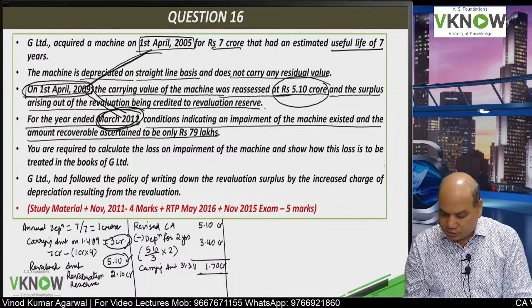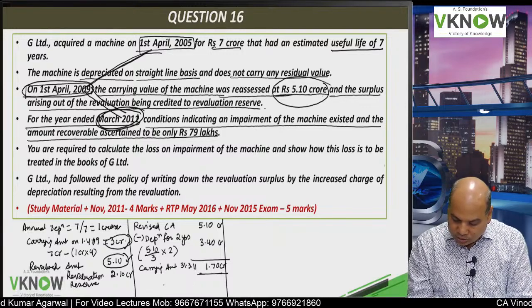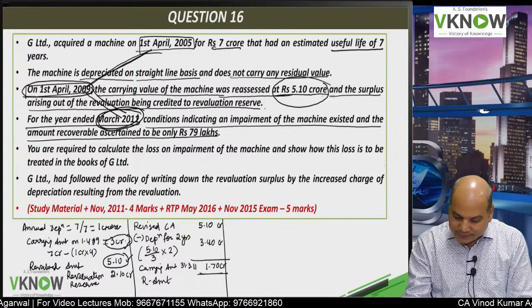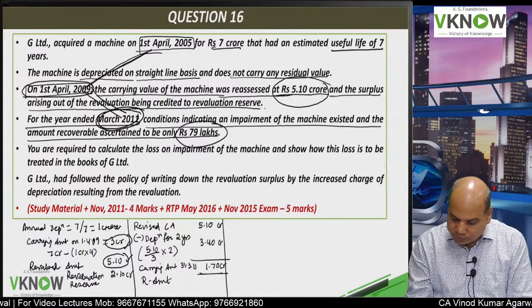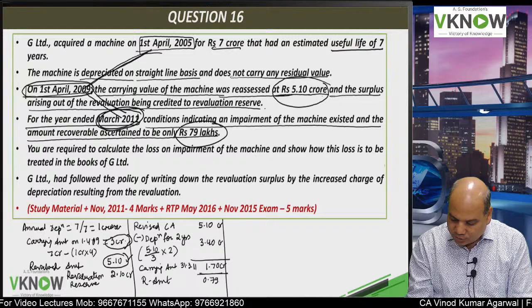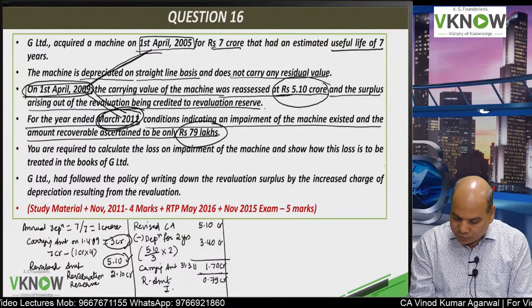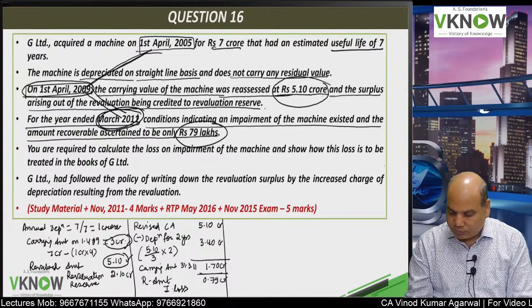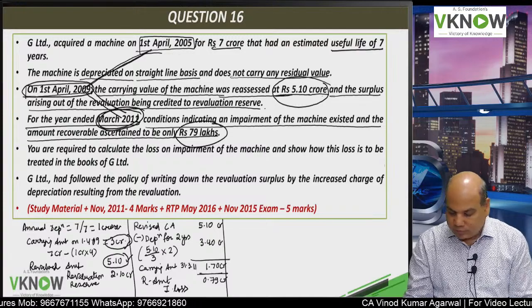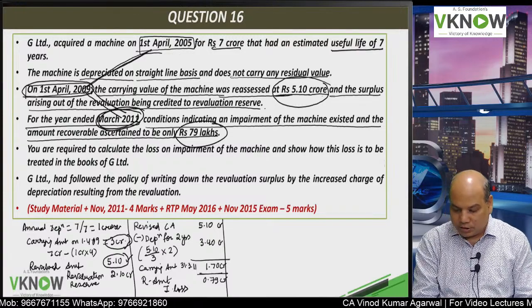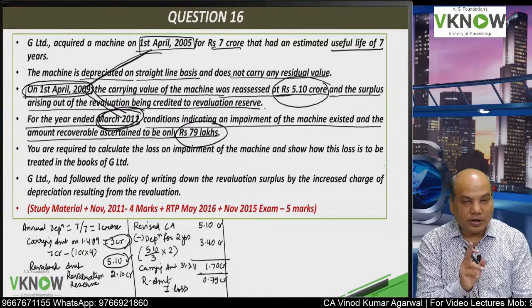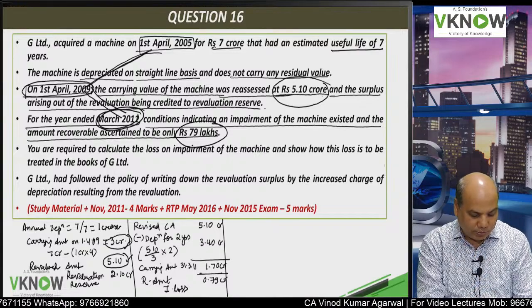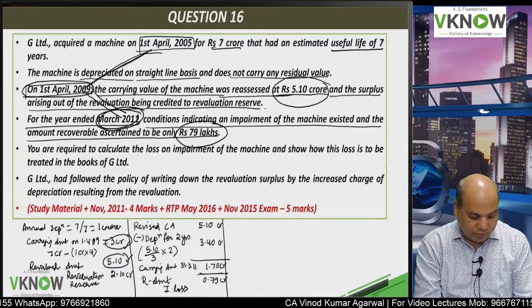Carrying amount is 1.70 crore and recoverable amount is given in the problem 79 lakh, 0.79 crore. Therefore, there is an impairment loss. 1.70 carrying amount minus 0.79 recoverable amount.